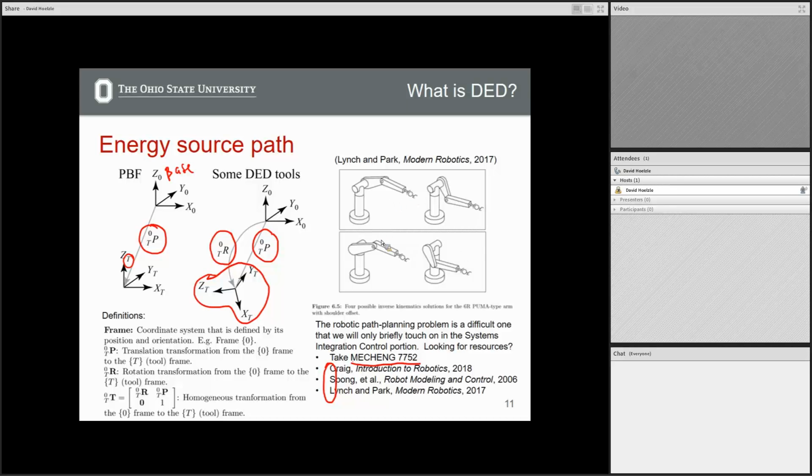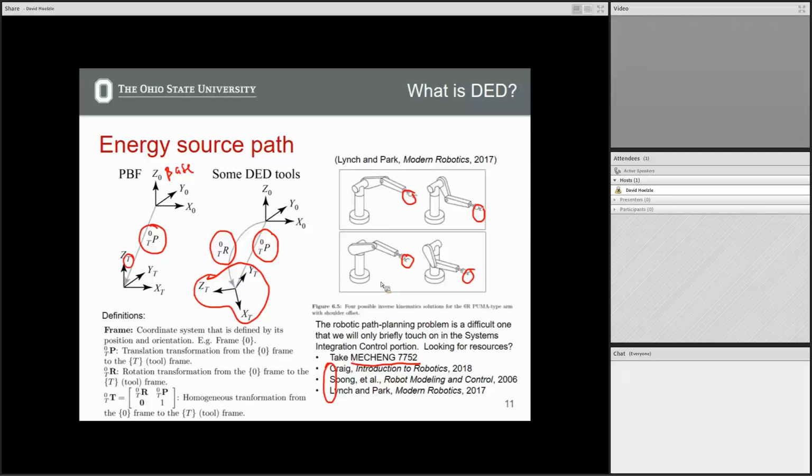robotic systems, there's not a unique mapping between the axes of the robotic system and the actual end effector or tool types. Here's a really simple example of this, what's called the Puma robot, which is like the classical robot example. This tool frame, which is basically where this end effector is, is in exactly the same position and orientation in every single example here.